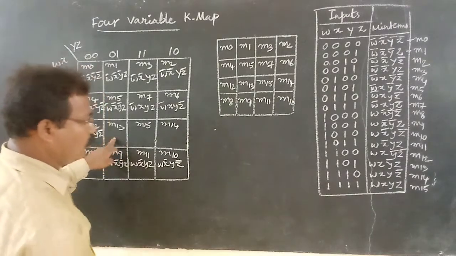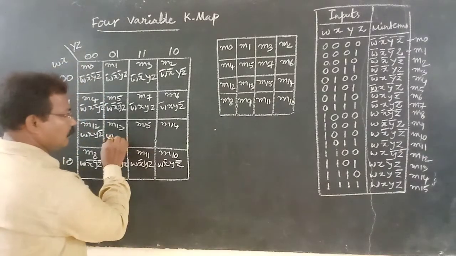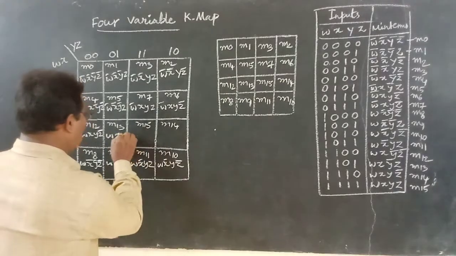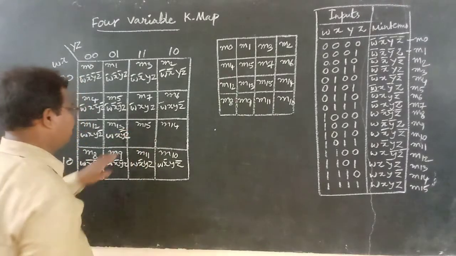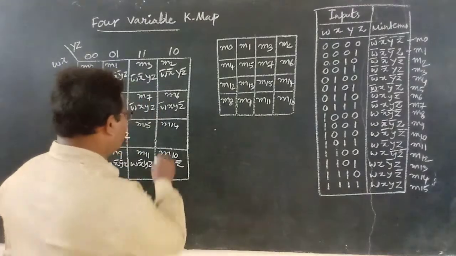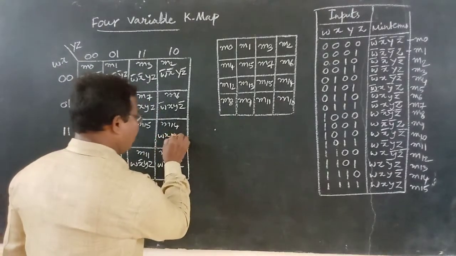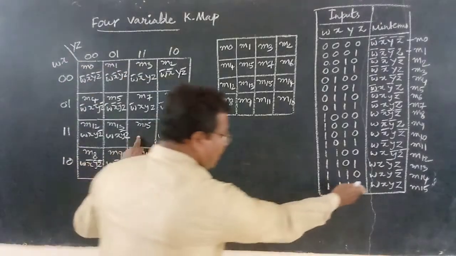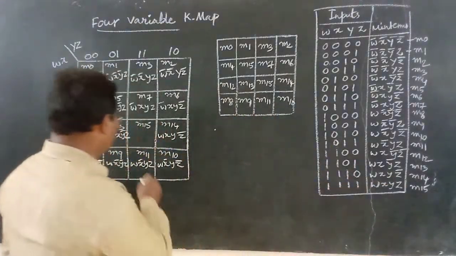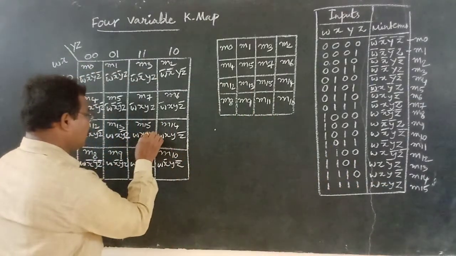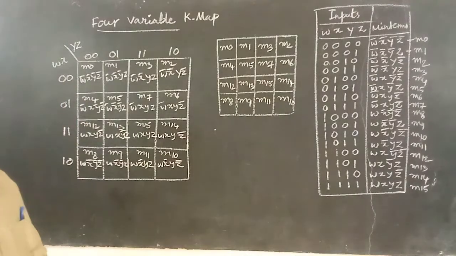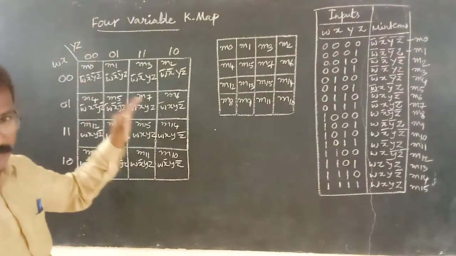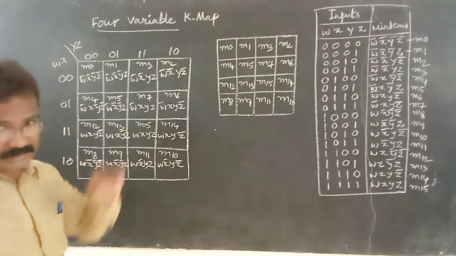The thirteenth minterm, W, X, Y bar, Z. The fourteenth minterm, W, X, Y, Z bar. And the last minterm, W, X, Y, Z. This is the relation between the variables W, X, Y, Z and the squares.